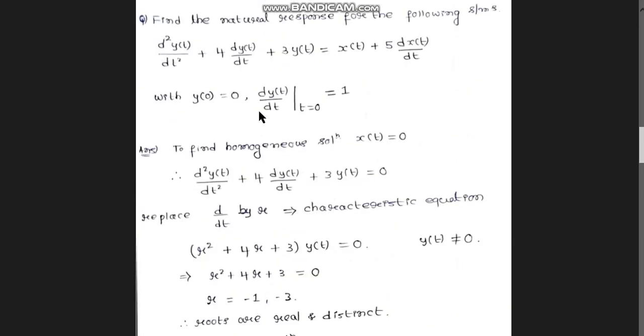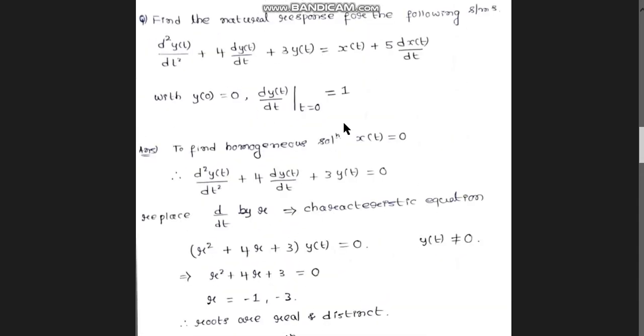Similarly we get only c2, since e power 0 is 1. So c1 plus c2 equals yh of 0, which is 0, as mentioned in the question. So c1 plus c2 becomes 0.